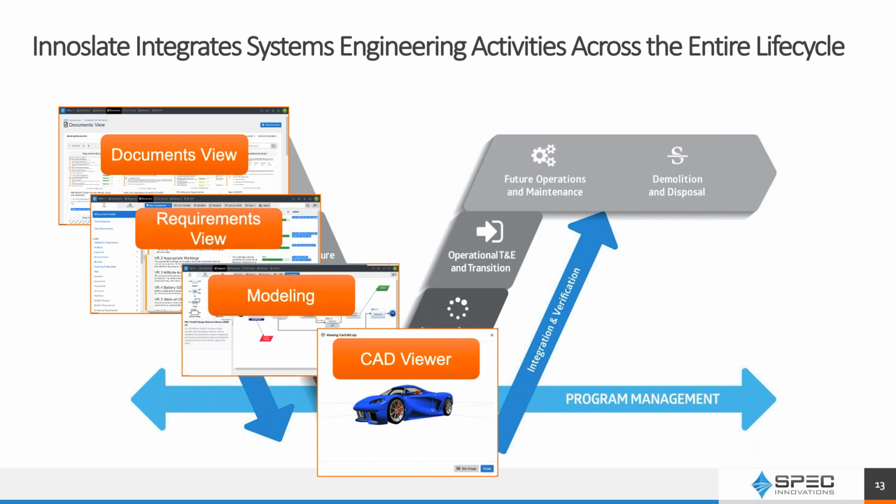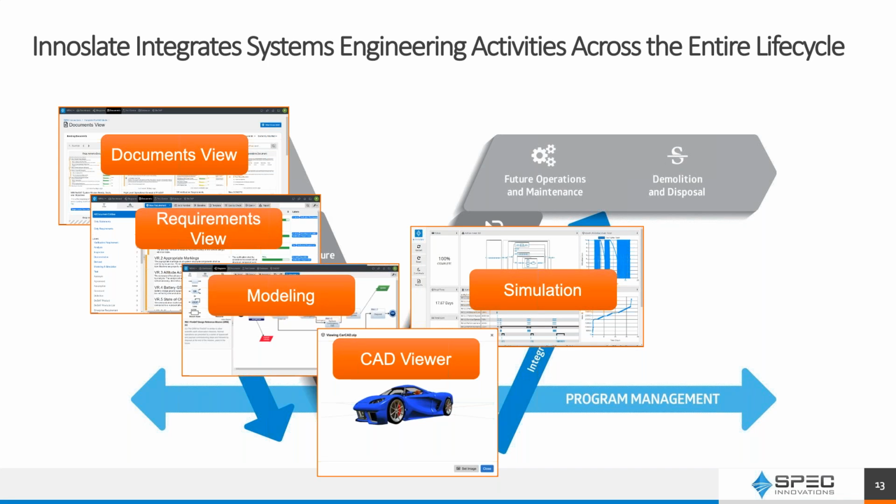We do have a CAD viewer that's built into the tool. So if we have an OBJ or an STP file, I believe they are, they will upload and you will be able to see the actual view of the model that was developed within a CAD viewer. And you can also bring those assets into the database as part of the CAD viewer.